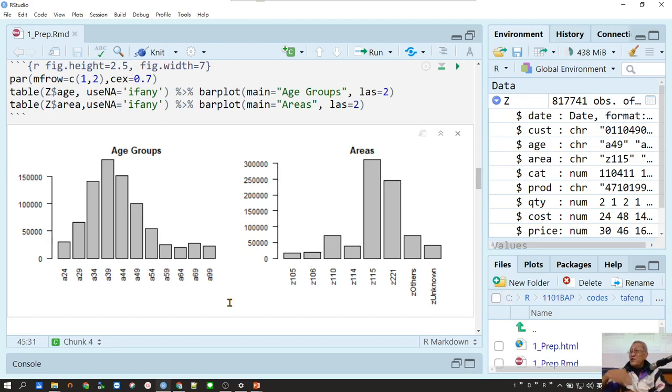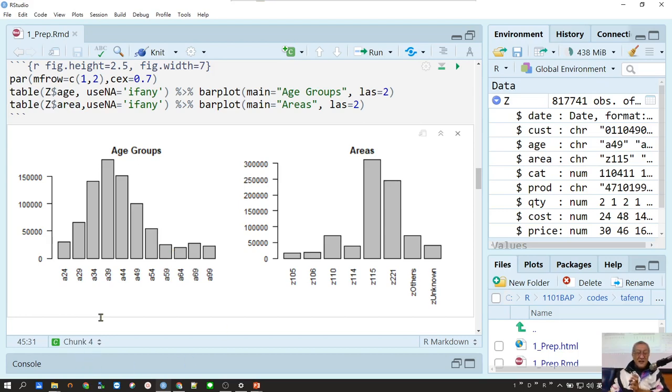We want to see the frequency of each of the values. We want to see and compare. Actually, this distribution has a sense of comparison, right?